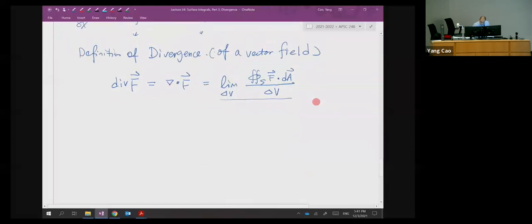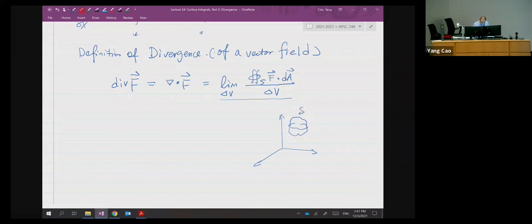First of all, let's take a look at the numerator. The numerator is a surface integral over a closed surface S. So if I draw an arbitrary closed surface S, because it's closed, then it must enclose a certain volume, right?